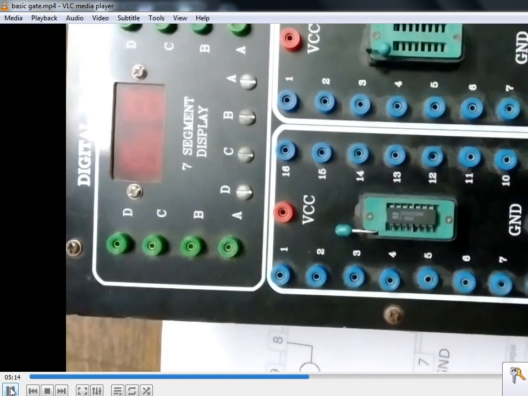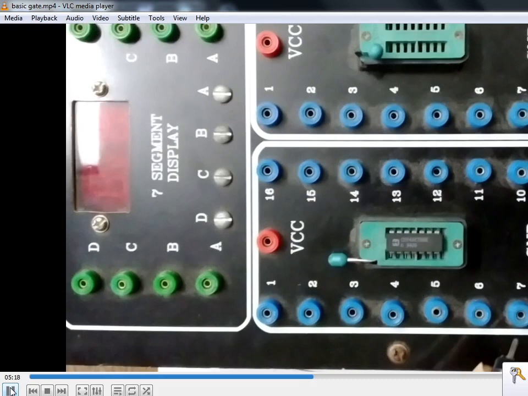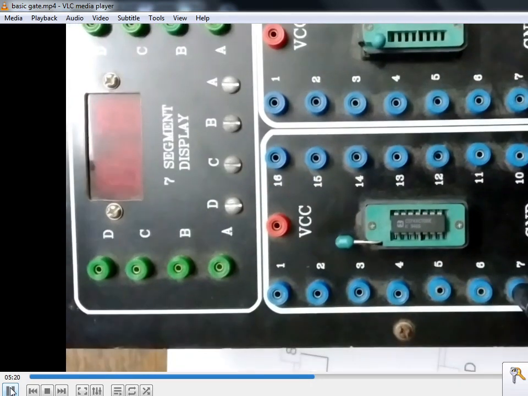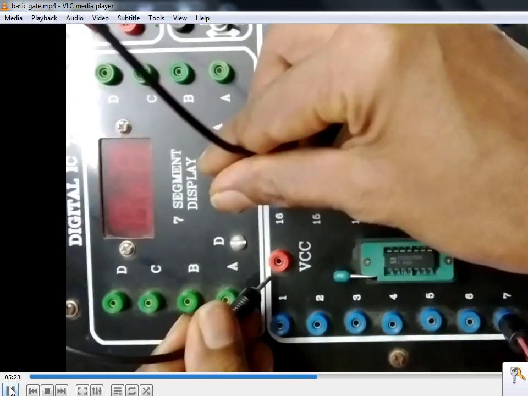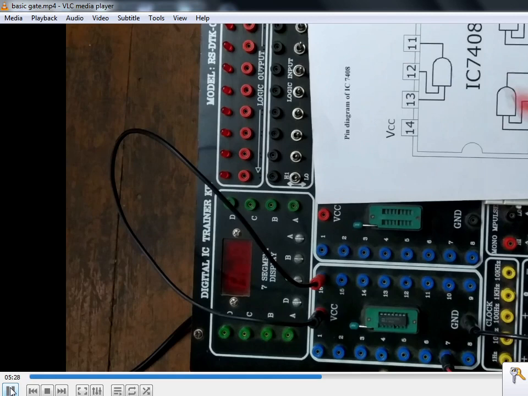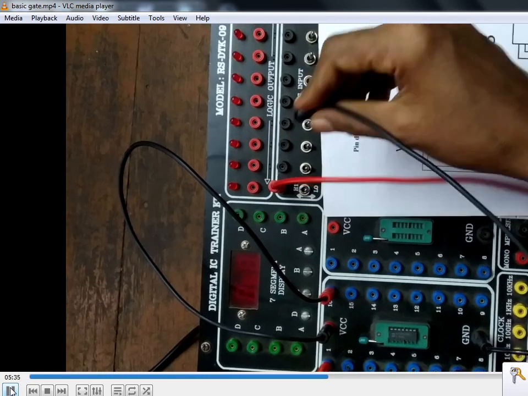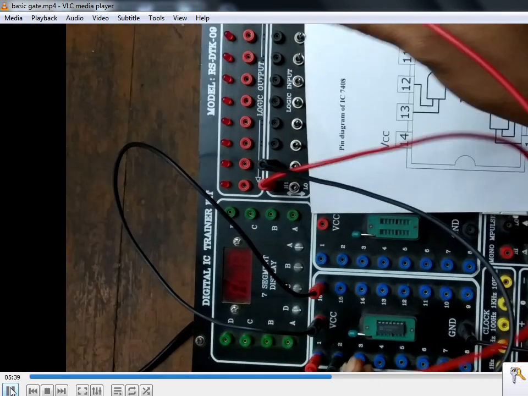According to this pin configuration, pin number 7 is connected to ground and pin number 14 is connected to VCC. So I am connecting pin number 1 and 2 to the input terminals and pin number 3 to the output terminal.